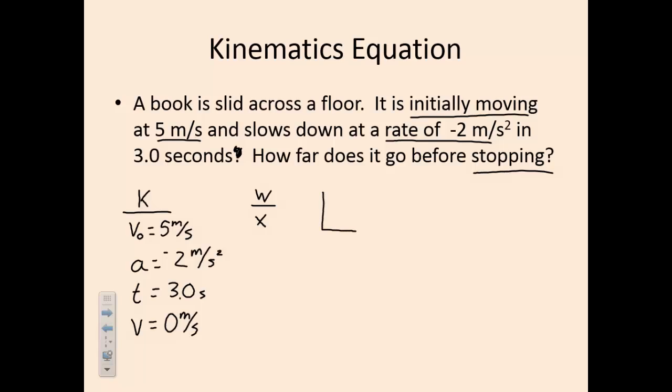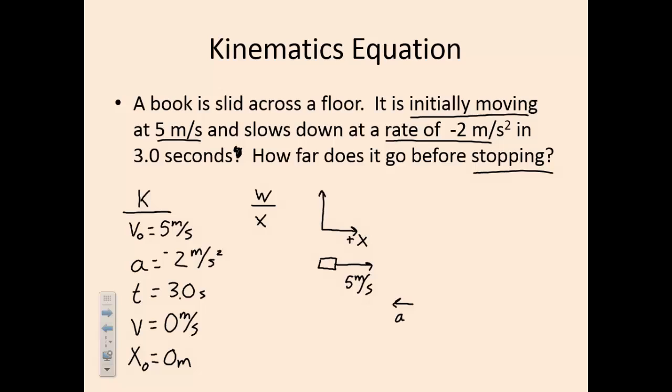Now, if we quickly draw a picture to establish our coordinate system, we can say that this book starts at the origin and is going to move along the positive x-axis. So we can add that the original x position is 0 meters because it starts at the origin. It's initially moving at 5 meters per second, and it slows down at a rate of 2 meters per second.